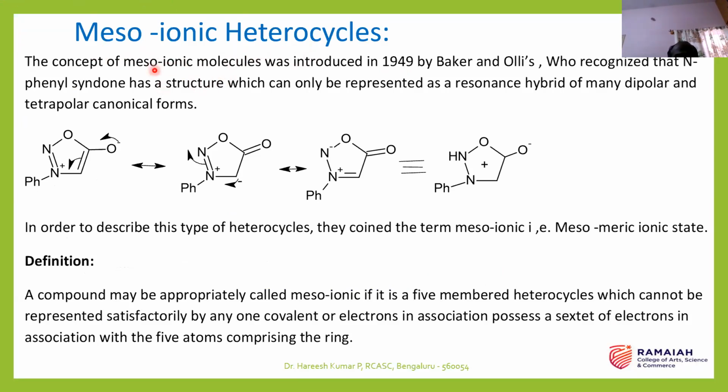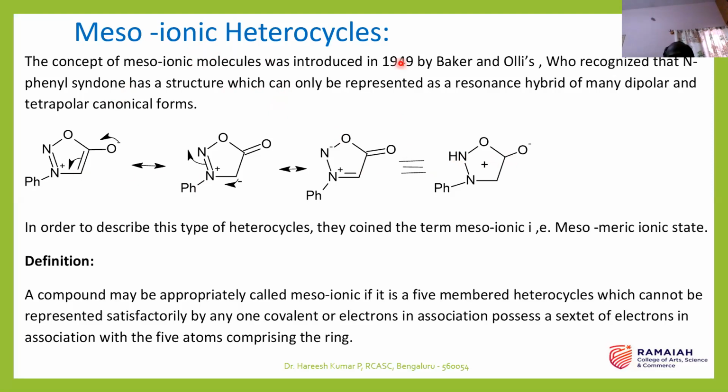Mesomeric effect means there will be involvement of the pi electron system. Here, in addition to the pi electron system, there will be an involvement of ionic character. Ionic means a positive charge and a negative charge are involved. Such compounds are called meso-ionic compounds.